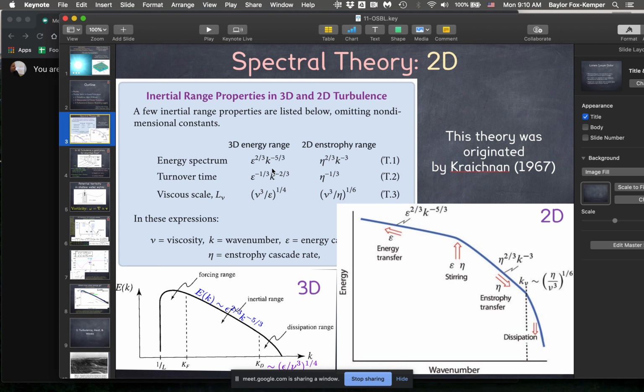The key point is that you get different scalings and different steepnesses of the energy power spectrum, and also different estimates of the viscous scales that are dissipating energy or entropy in the 3D and 2D range. So this is really building on the theory that was originated by Kolmogorov and Kraichnan later.